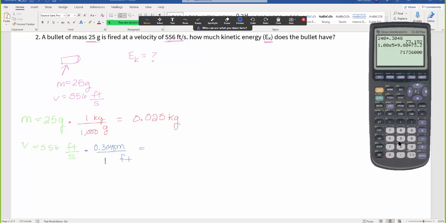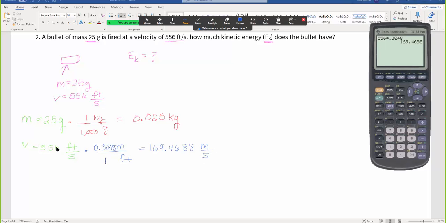And when we plug these into the calculator, we get 556 times 0.3048, we get 169.4688. And that's going to be meters per second.